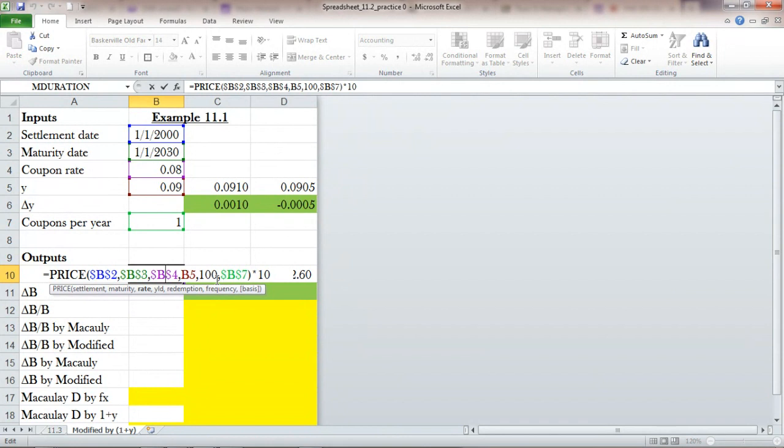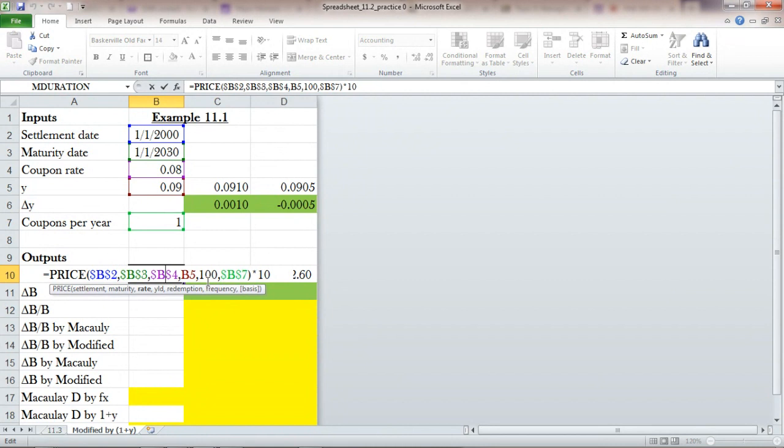But instead of putting 1,000, we put 100% of 1,000. So 100, and then frequency once a year. You enter that and lock it, and then this will give you the price.